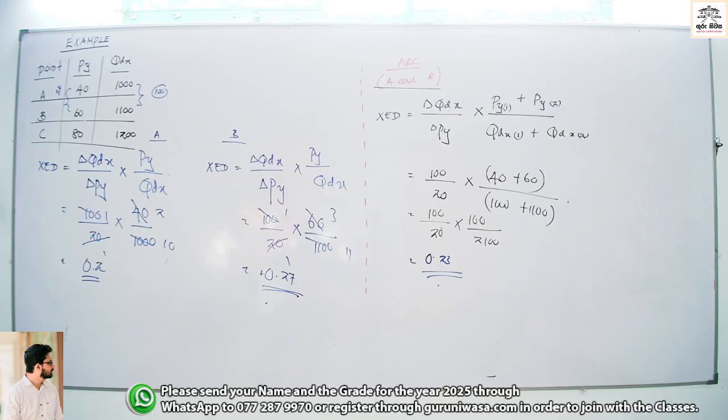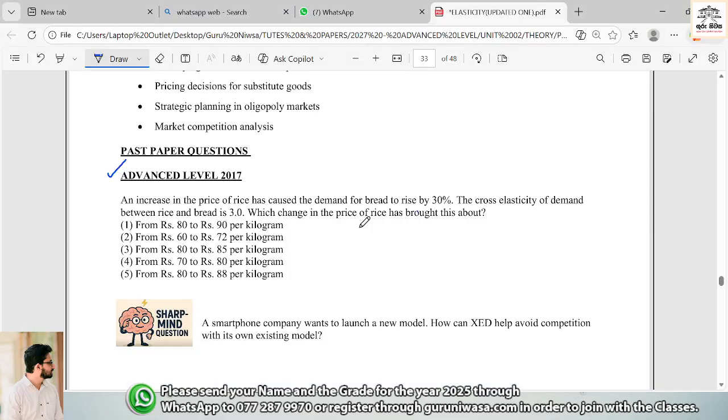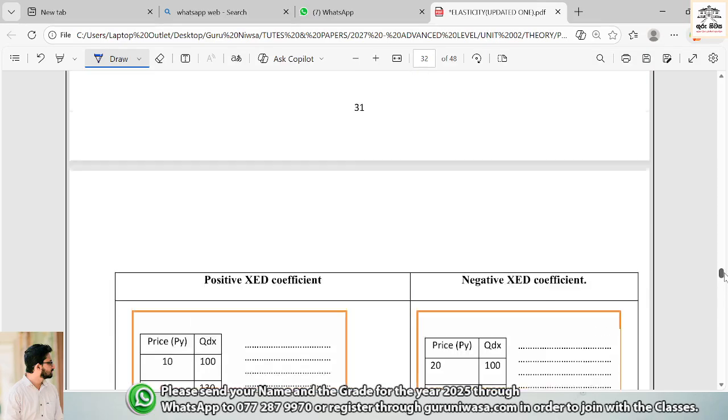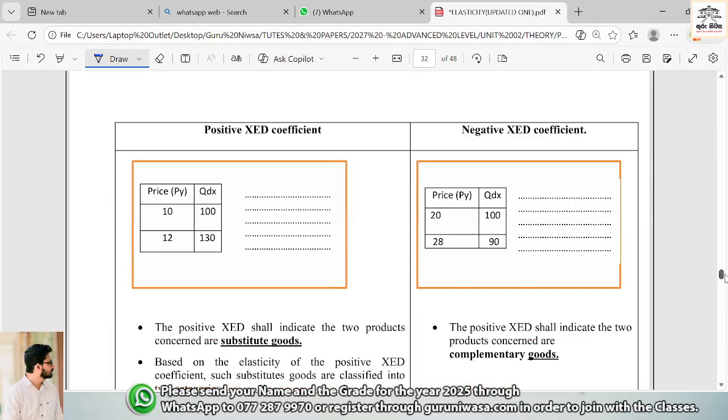Right. Look at the next point, page number 32: positive XCD coefficient and negative XCD coefficient. Look at this example given.